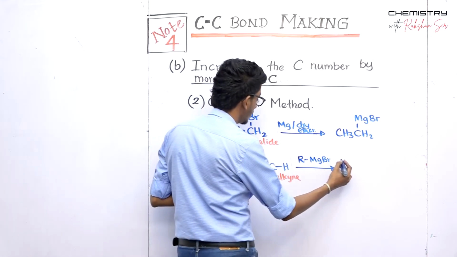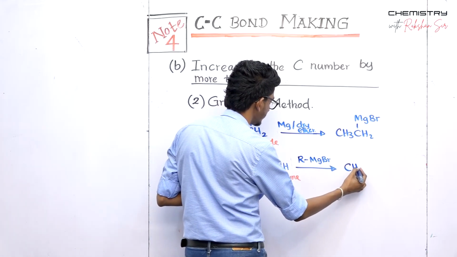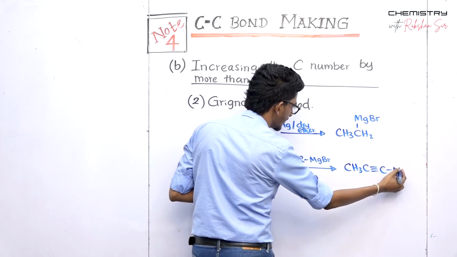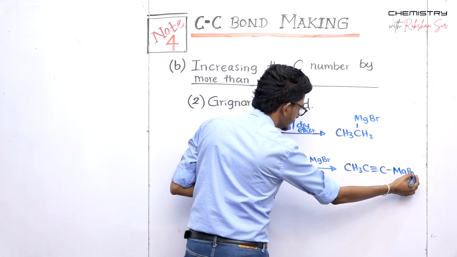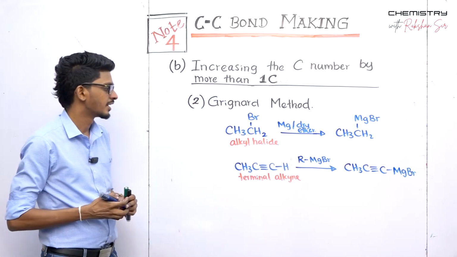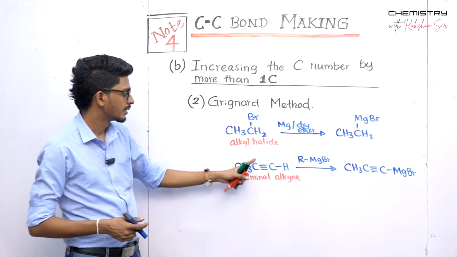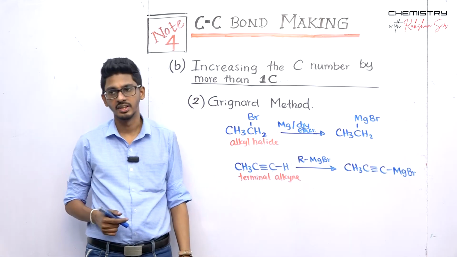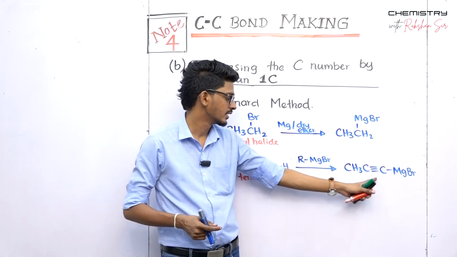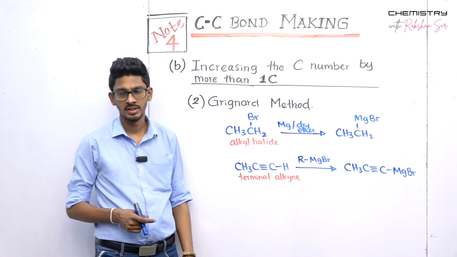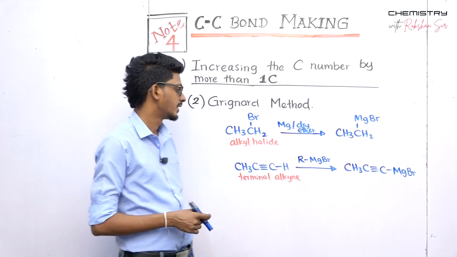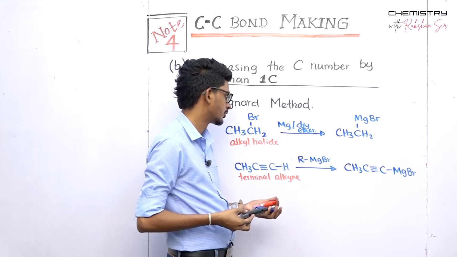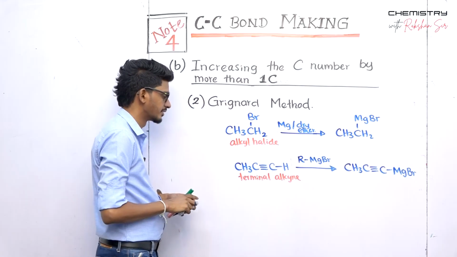Then you will get another Grignard reagent, known as the acetylenic Grignard. We discussed this with the terminal alkynes. So these are the two methods of producing the Grignard reagent.